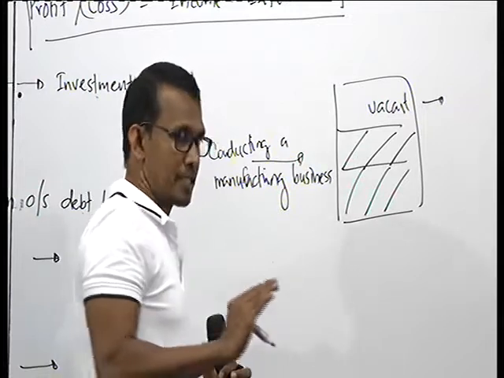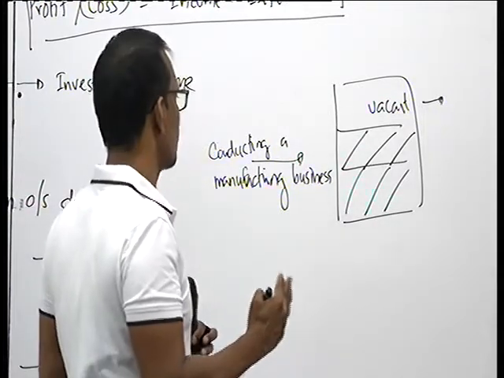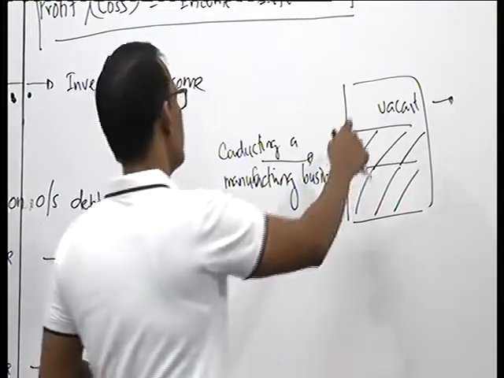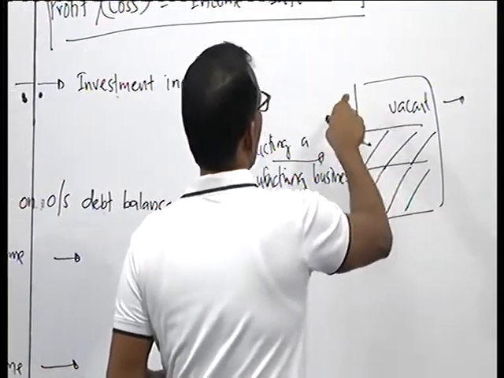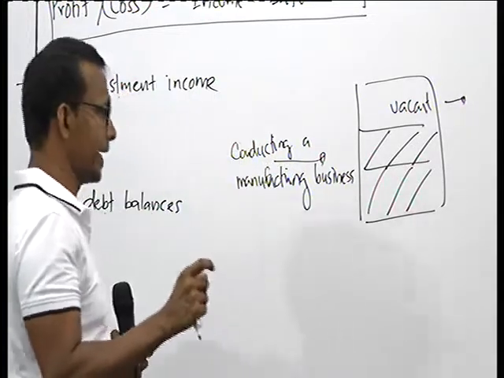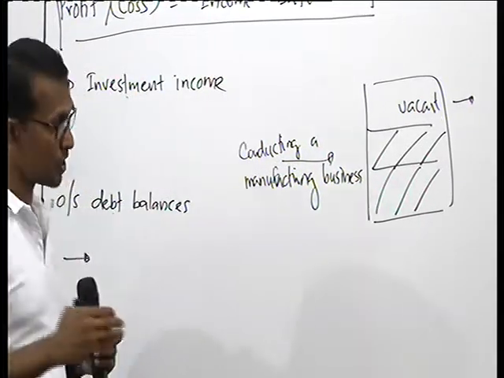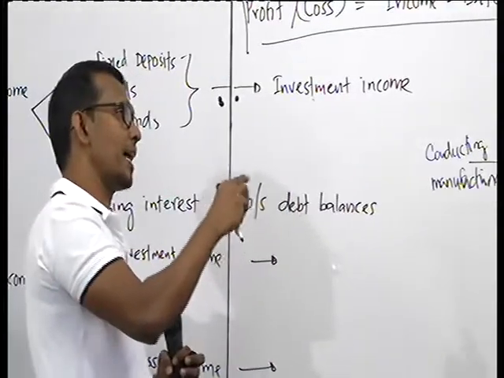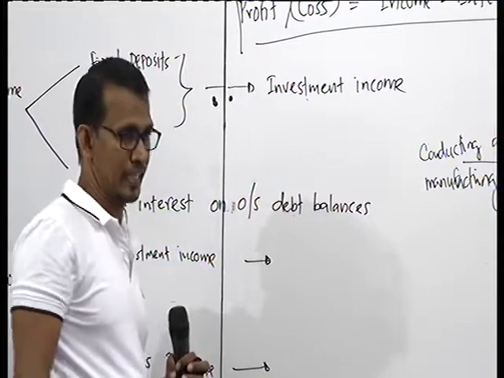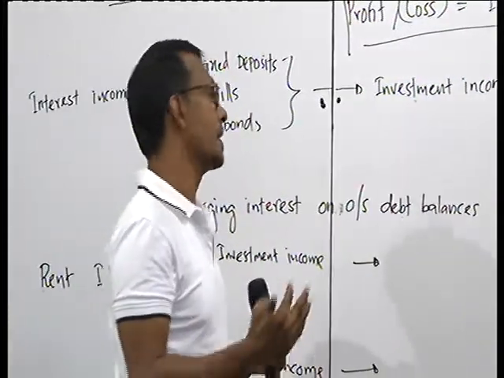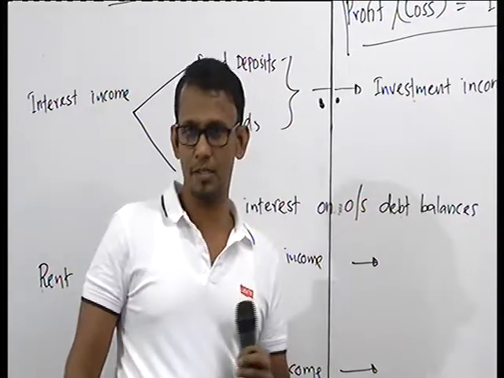But until such time, no harm, you can rent it out and earn income. When you let this vacant floor, you earn rent income. There is no doubt. But the question is, which basket will this rent income fall into? Whether it comes under the investment basket or the business basket.